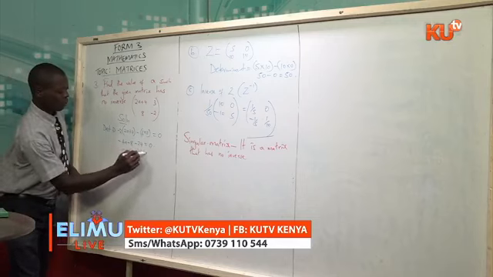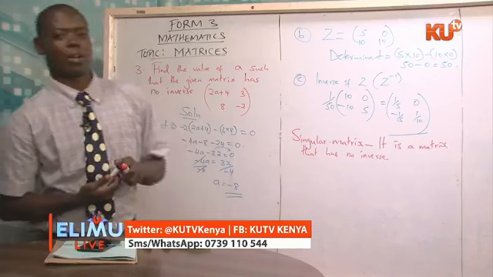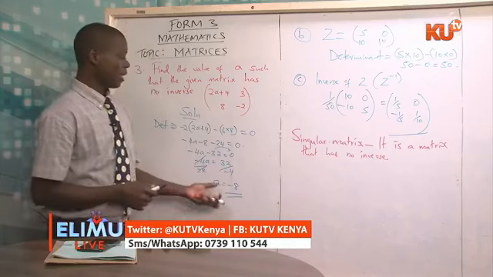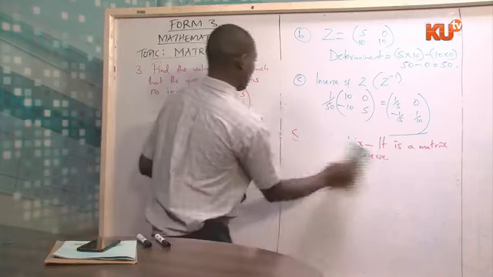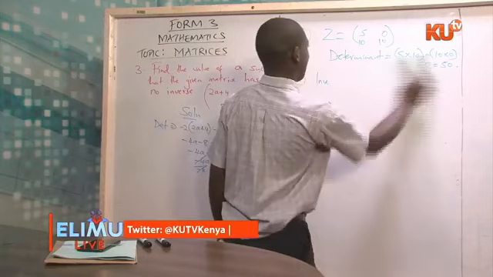Minus 4A is equal to 32. Then divide by negative 4. This cancels out. And A is equal to negative 8. So it means the value of A for that matrix to be singular or to have no inverse is negative 8. That is our question 3.